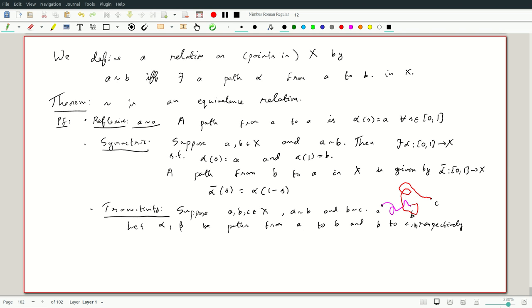Now what we have to do is go at double speed from A to B and then go from B to C. So one can see that that is given by the following.